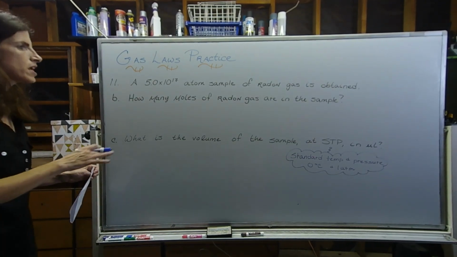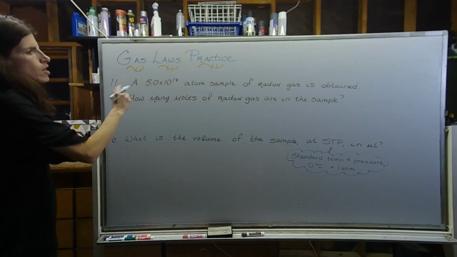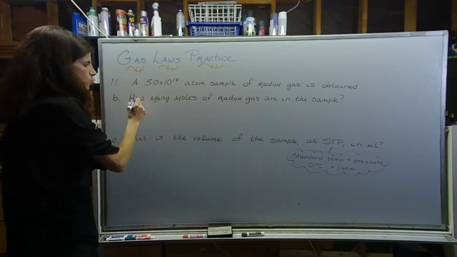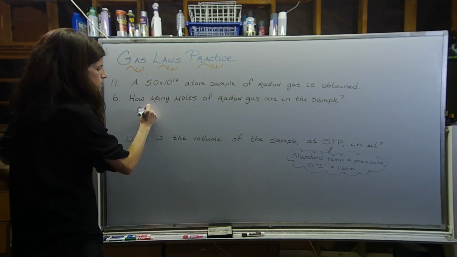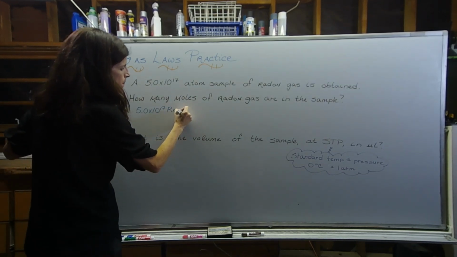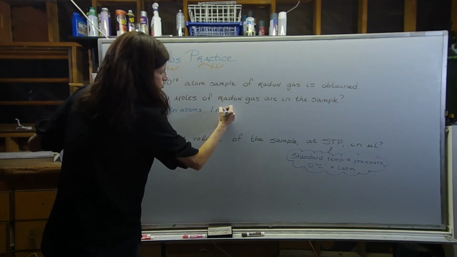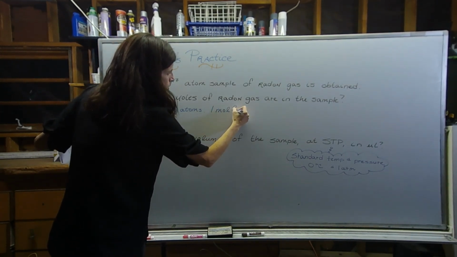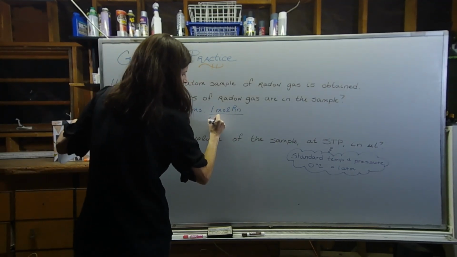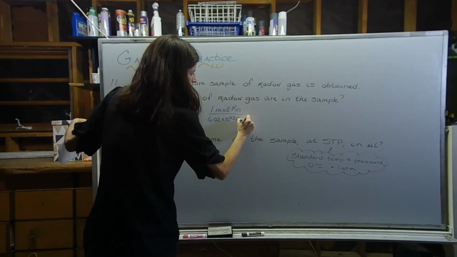Alrighty, so in part B, we're asked to figure out how many moles of radon gas are in the sample. Just set up another dimensional analysis, starting with 5.0 times 10 to the 17th radon atoms. And all I need here is Avogadro's number, because 1 mole of radon has 6.02 times 10 to the 23rd radon atoms.